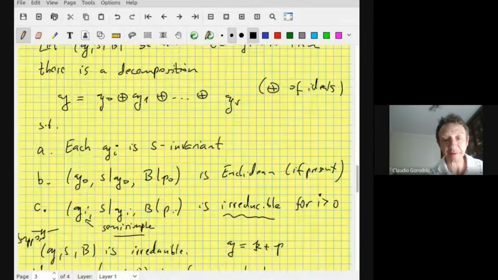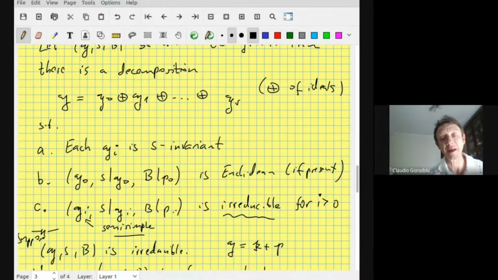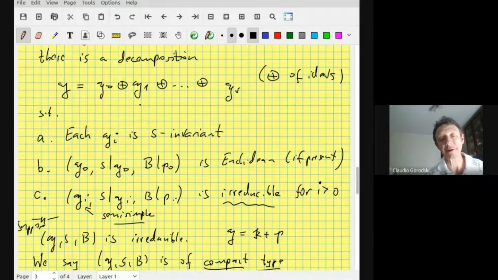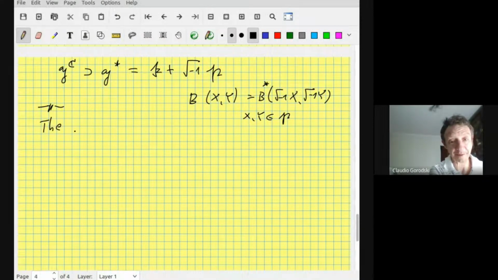For an arbitrary orthogonal Lie algebra, we can decompose it into a Euclidean component and irreducible components, some of compact type, others of non-compact type. So the classification is reduced to understanding irreducible orthogonal Lie algebras. So let me state the result and then give examples.